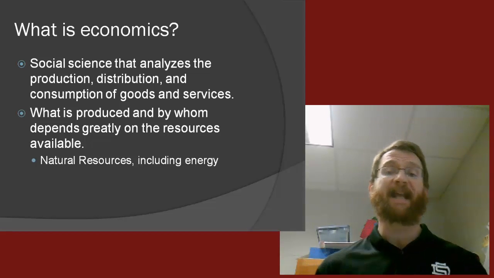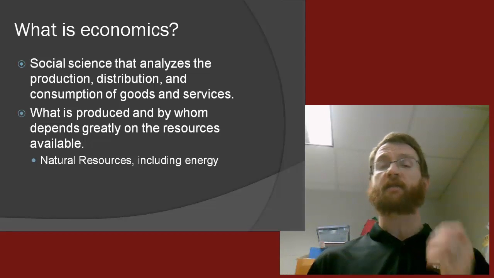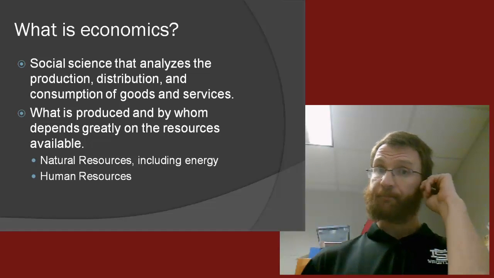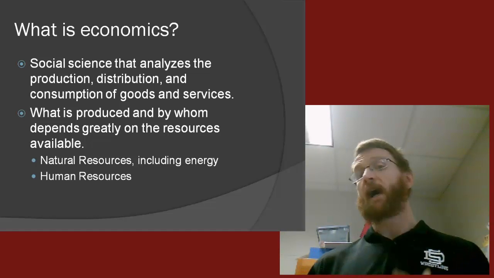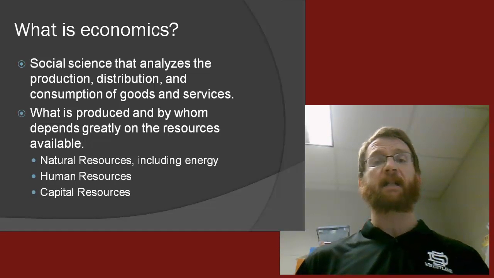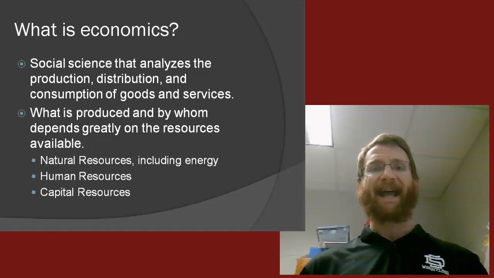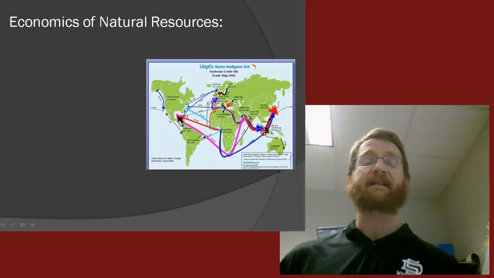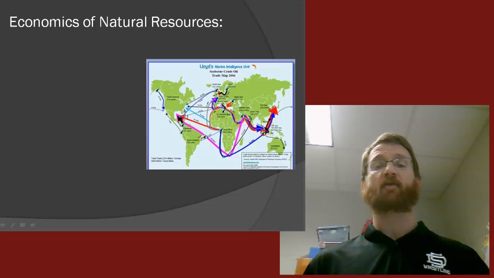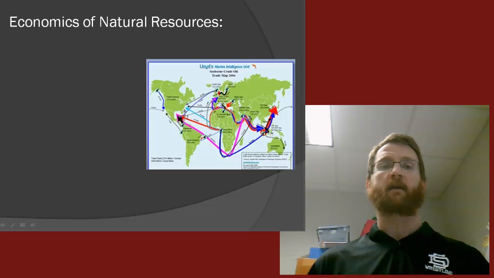The first one is natural resources, and natural resources include energy resources. The second one is humans. You and me, we are human resources. And last but not leastly, capital resources, and we'll look at what those are as well. So we're going to begin today's discussion by talking about natural resources.